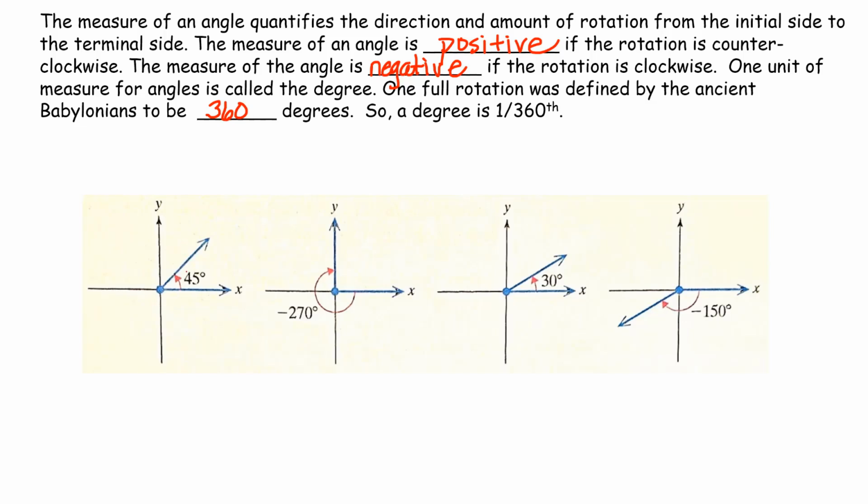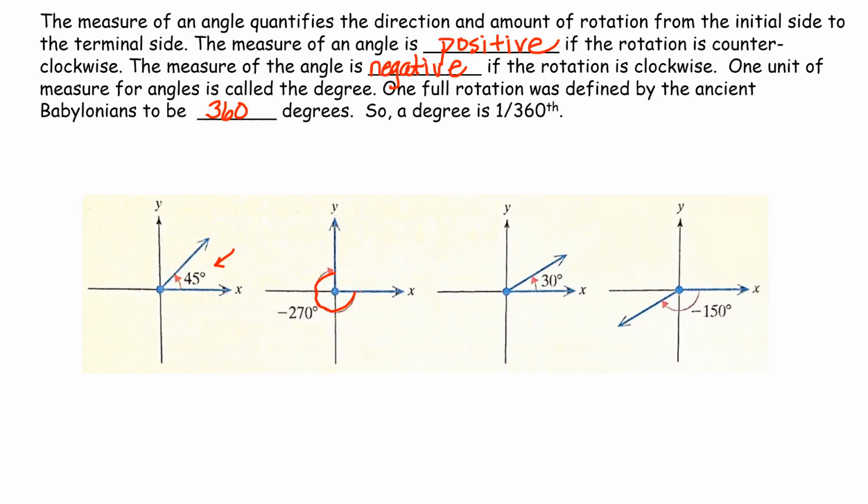Okay, so you can see some angles here. This angle is 45 degrees because you start on the positive x-axis and you rotate counterclockwise 45 degrees. This angle, negative 270, you're starting at the positive x-axis, you're rotating clockwise, so you're going 90, 180, and then all the way around to 270 degrees.